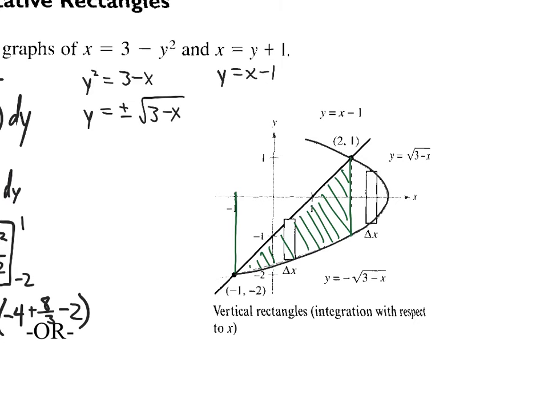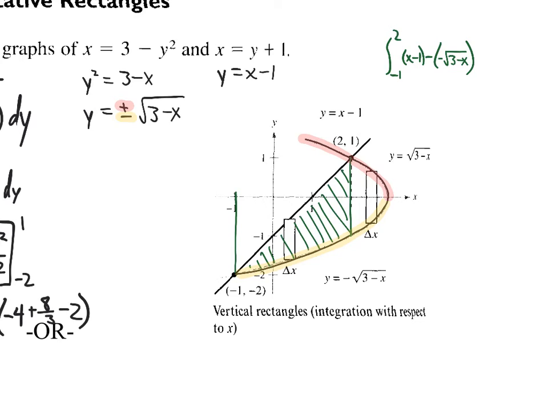So for that portion, I would be doing the integral from -1 to 2 of the x minus 1 minus the negative square root of 3 minus x. Yes. Okay? So the negative is this one down here. If I change colors, okay, the positive one is this up here. Okay?